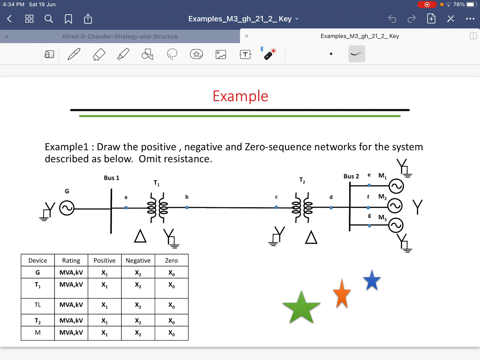The first step in drawing is, for demo purposes, I am taking this first example without any numerical values.